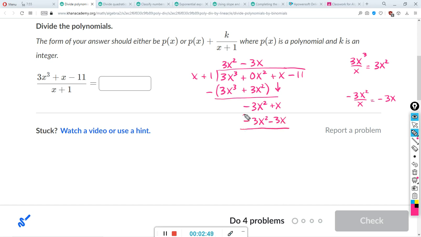Subtract this whole thing. Negative 3x squared minus negative 3x squared, you make this positive because it's two negatives in a row. So that's just 0. And then x minus negative 3x, two negatives make this positive as well. So x plus 3x is going to be a 4x. Bring down the next term.